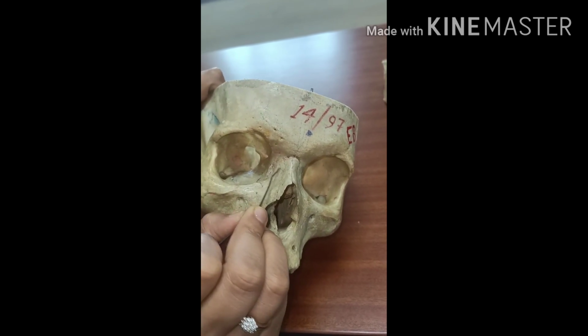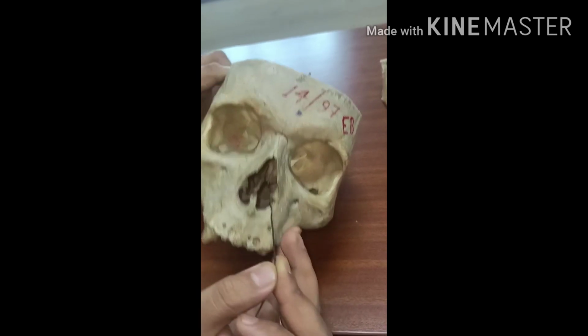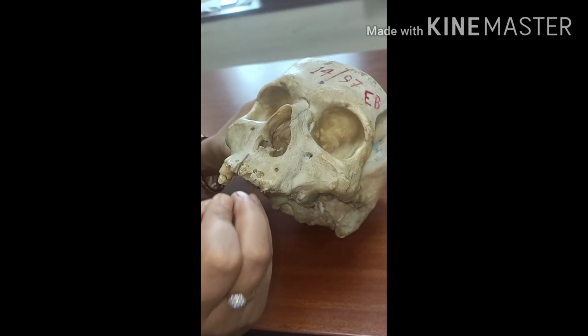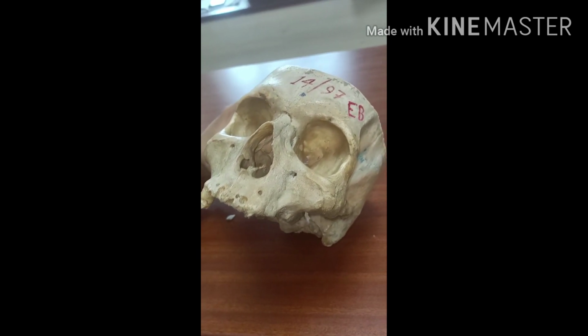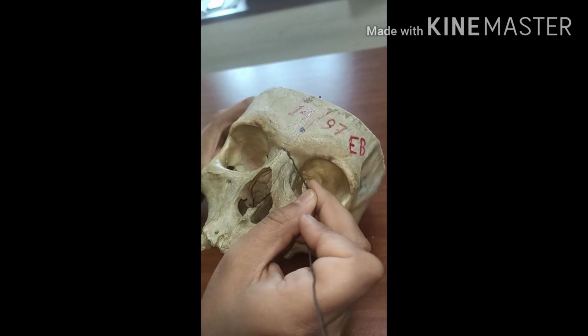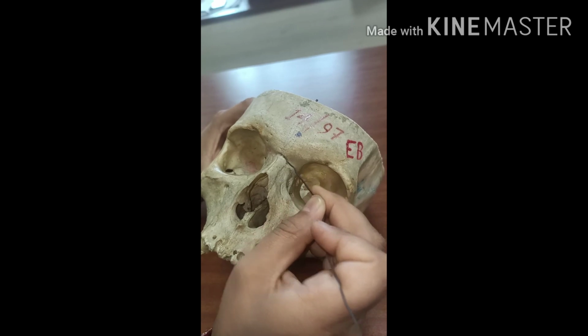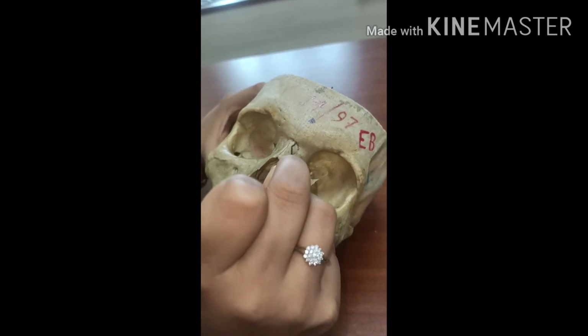And between maxilla and frontal, frontomaxillary. So this is one maxilla, this is another maxilla. In between these two maxillae is the intermaxillary suture, and this is the frontonasal suture. The meeting point of the frontonasal suture with the internasal suture is the nasion.